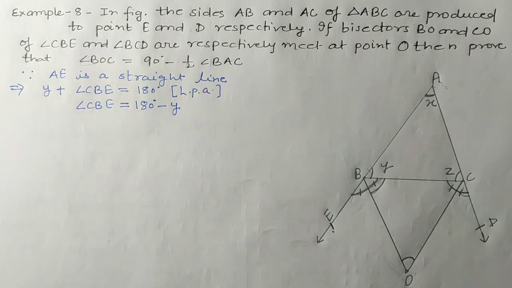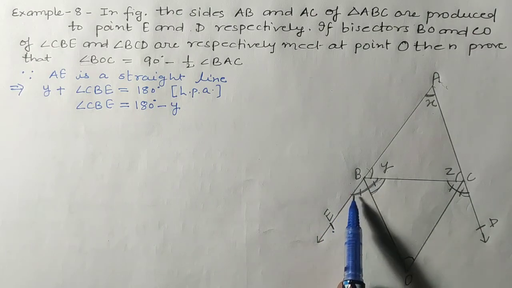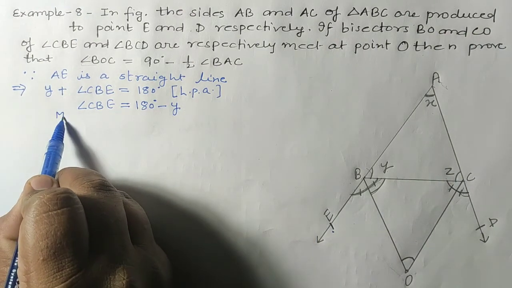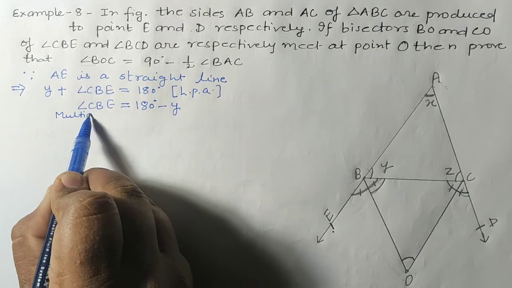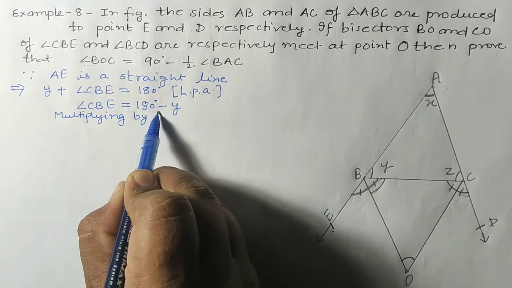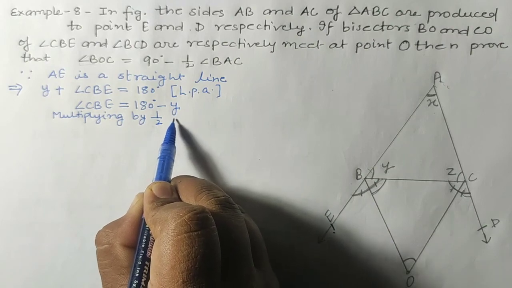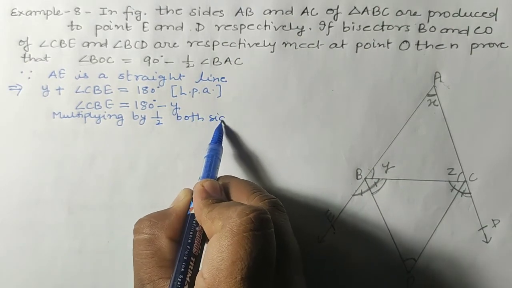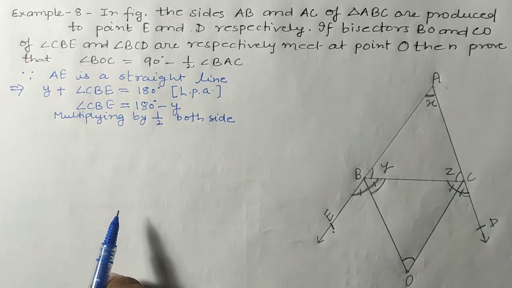It will be just half of the whole angle. So what we are going to do is multiply by 1 by 2 on both sides, so that we will get just half of that angle.